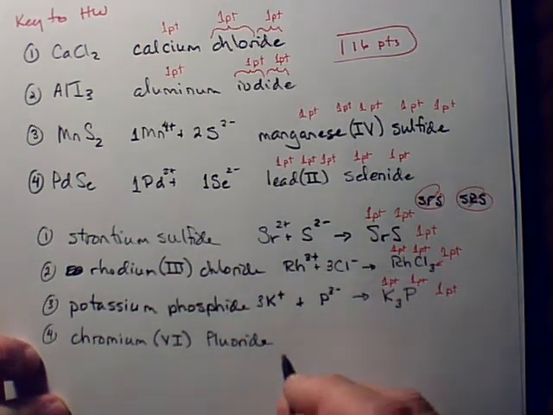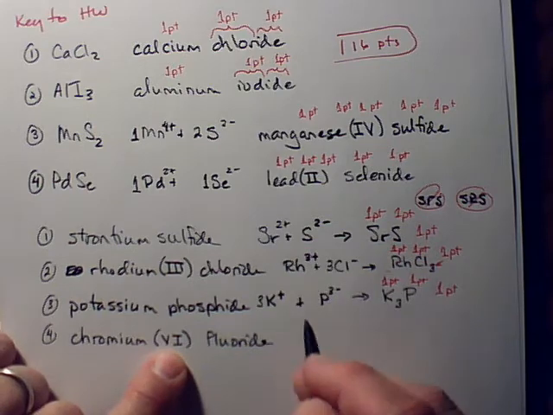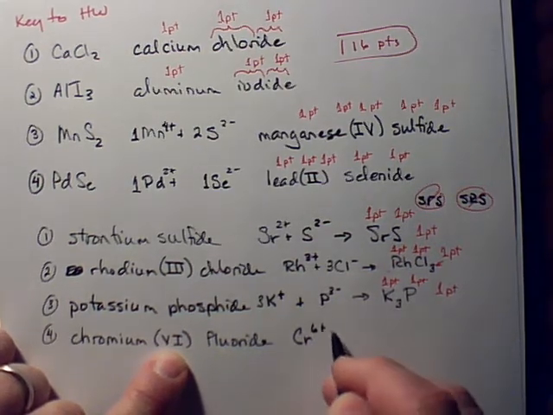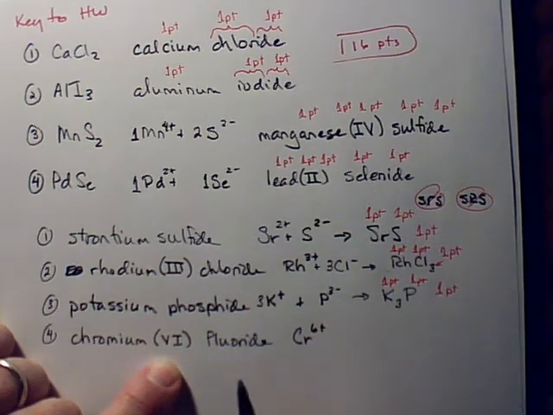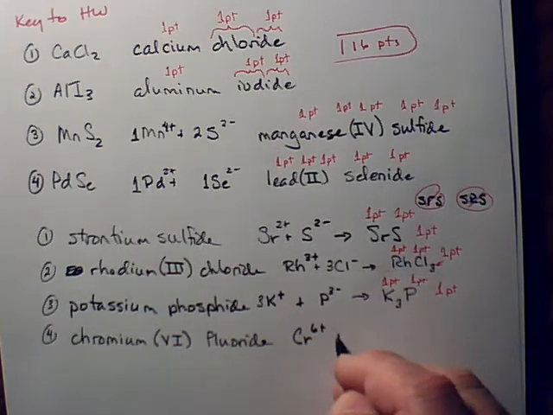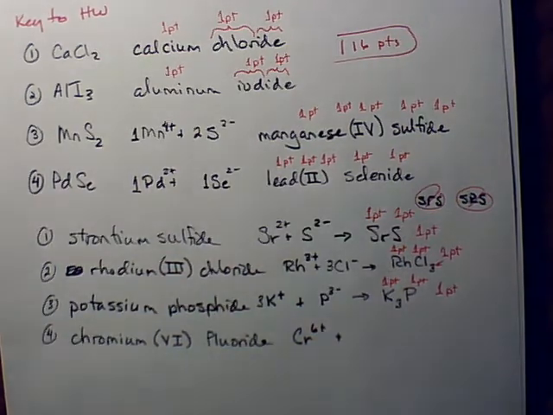It is fluoride. So chromium 6, that means the chromium has a 6 plus charge. You really don't even have to look it up. Okay, if you know that Roman numeral is a 6, you just know it's a 6 plus. We do have to look up or know what the fluorine charge is, and this is, Krista was asking about this yesterday.